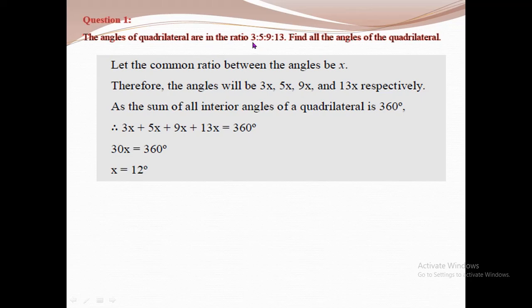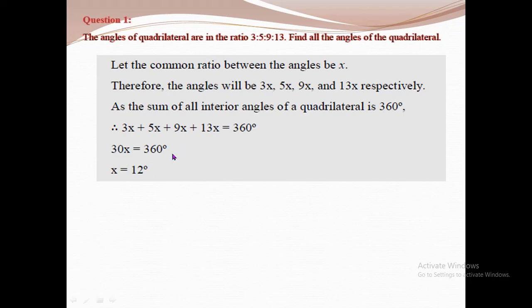What is the sum of interior angles? That is 360, so in terms of x also it should be 360. So 3x plus 5x plus 9x plus 13x equals 360.